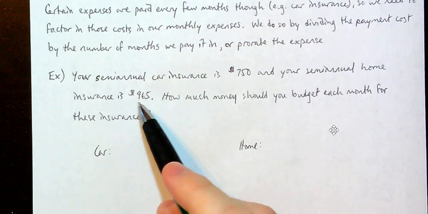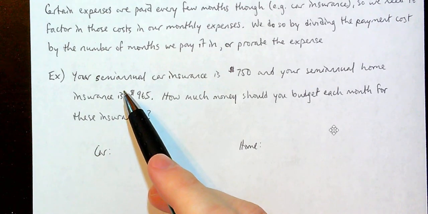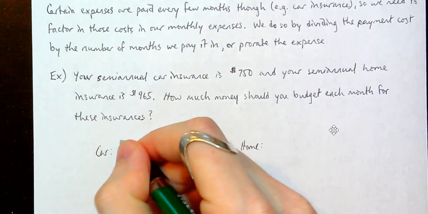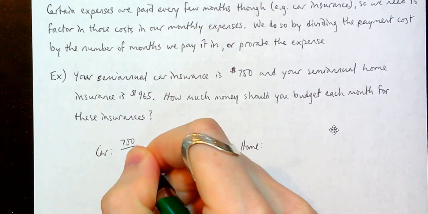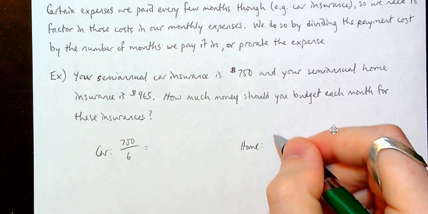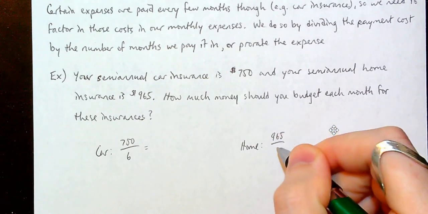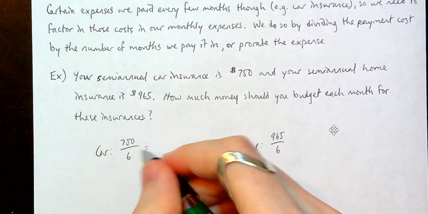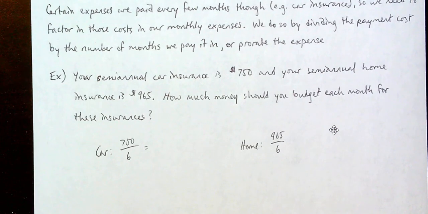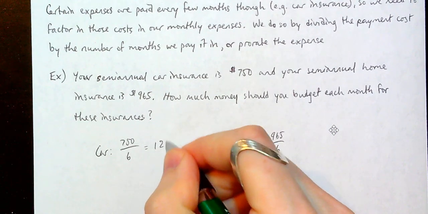Both these things are paid every 6 months. That's what semi-annual means. So $750 on the car every 6 months divided by 6 months. And then homeowners is going to be $965 divided by 6. 750 divided by 6 is a nice number. That's $125.